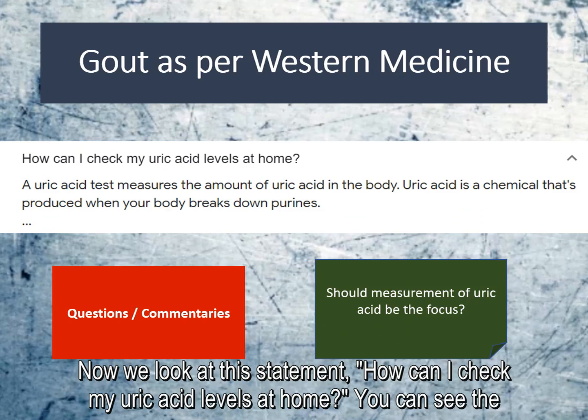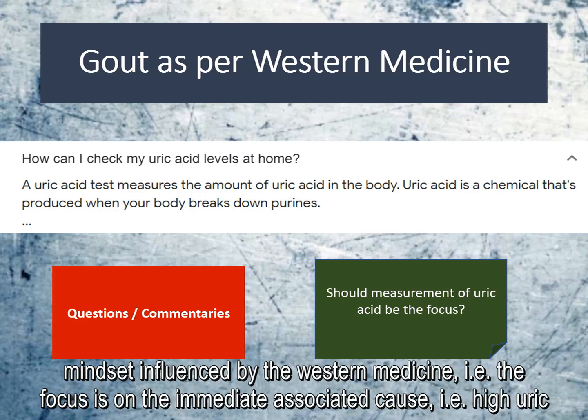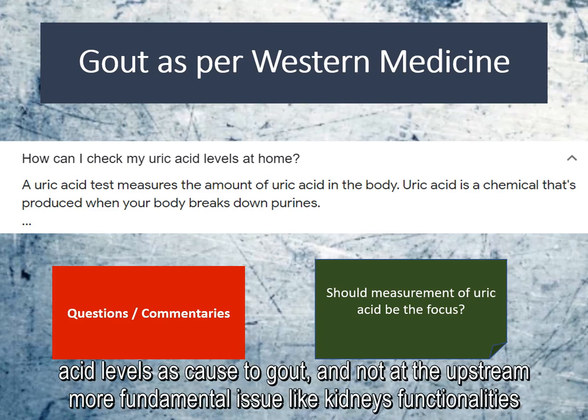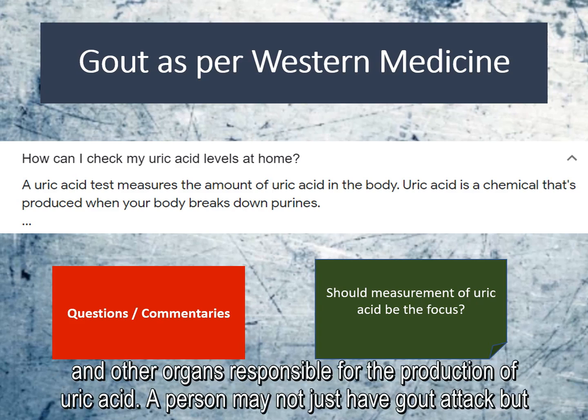Now we look at this statement. How can I check my uric acid level at home? You can see the mindset influenced by Western medicine, that is, the focus is on the immediate associated cause, a high uric acid level as the cause of gout, and not the more fundamental upstream issue like kidney functionality and other organs responsible for the production of uric acid.